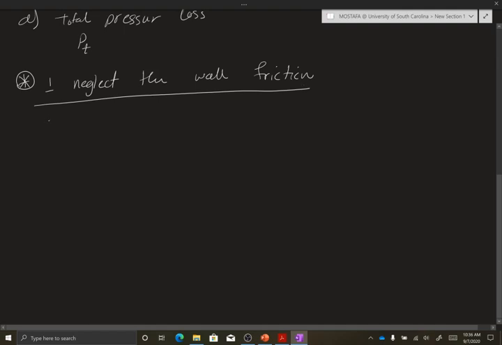So we are going to treat the fluid as an inviscid flow in general, and therefore we are going to have Rayleigh flow.